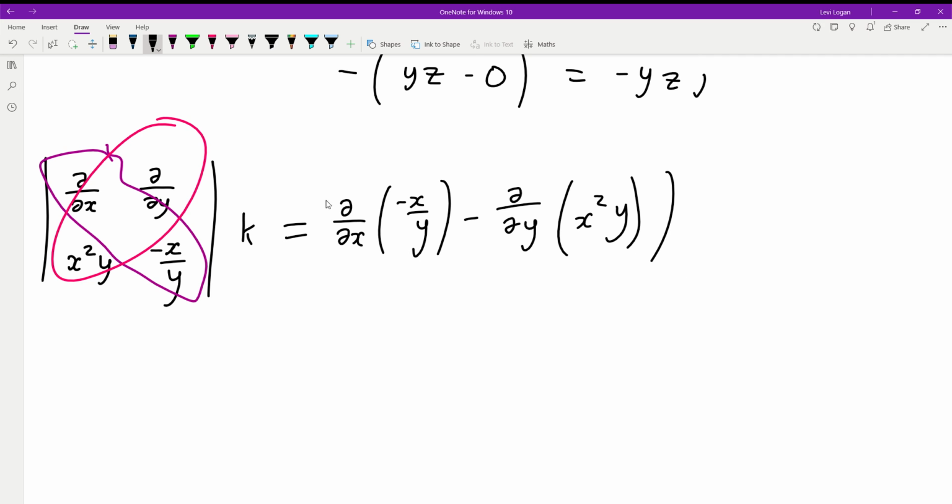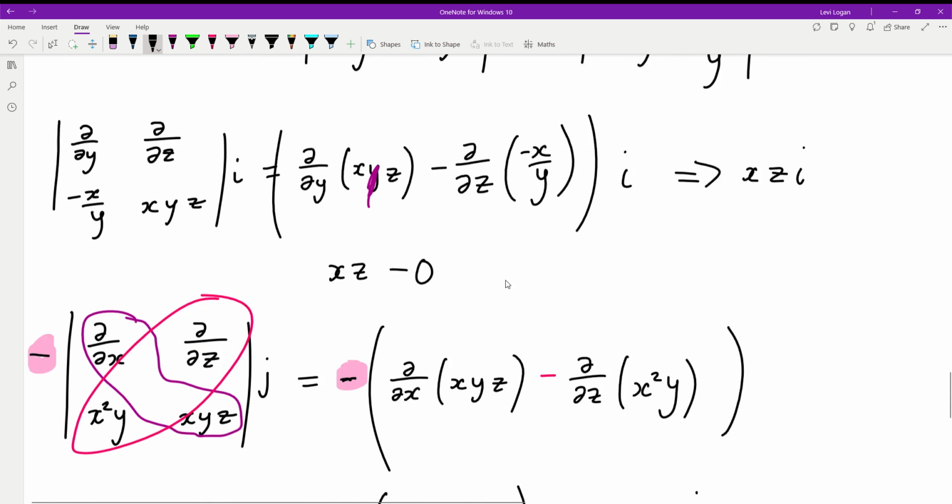And this is your k component, or z component. The k represents the z anyway, okay? Differentiating this, you can see that x is the only one we're differentiating, so it's just going to be negative 1 on y for that first bit. And this second bit, you can see there's only one y involved, so it's just going to be x squared as your result, so it'll be negative x squared. So this is your k component, okay?